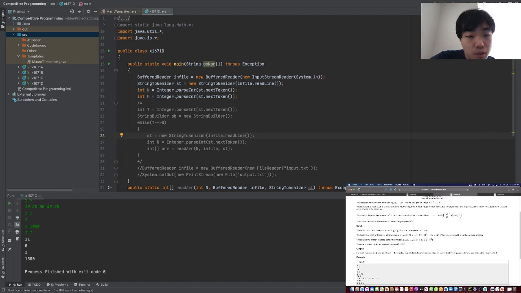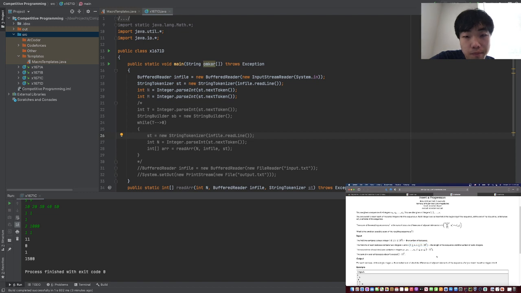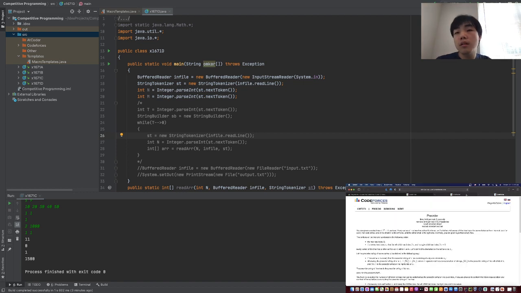Okay, sum of n over all test cases does not exceed this. Number of extra integers. But x potentially might be bigger than it, right? I feel like that might be the case.